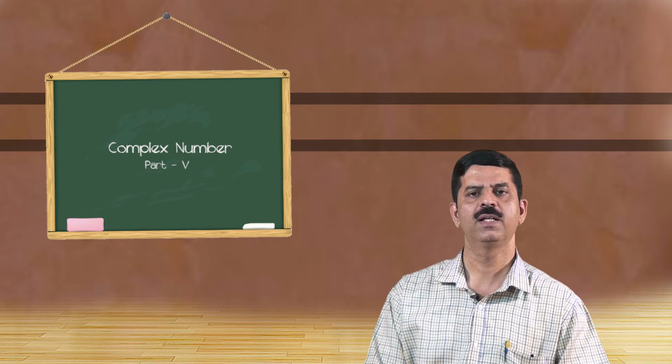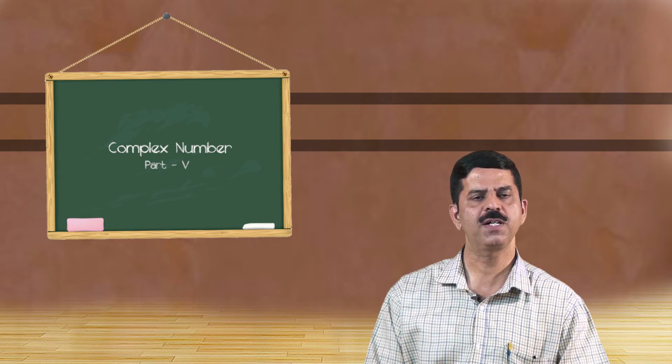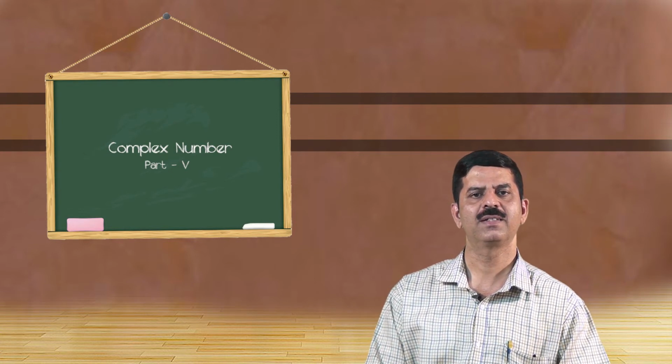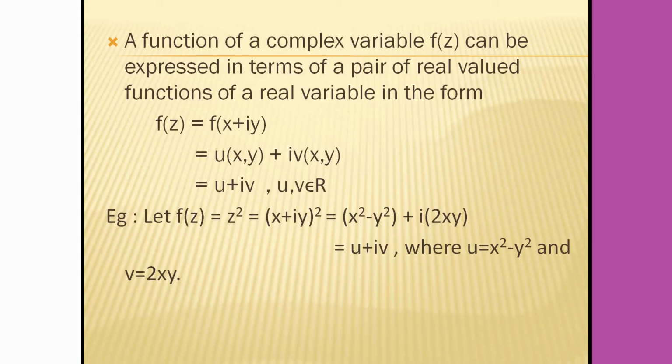For example, if we take f of z equals z squared, then z squared is x plus iy whole squared. Simplifying, we get x squared plus i squared y squared plus 2ixy.